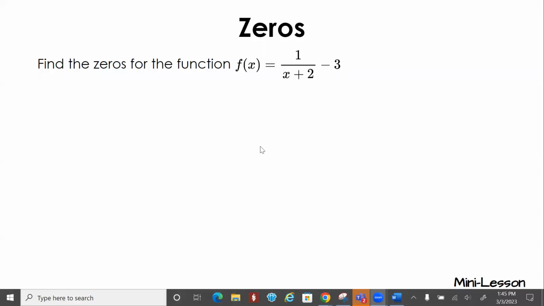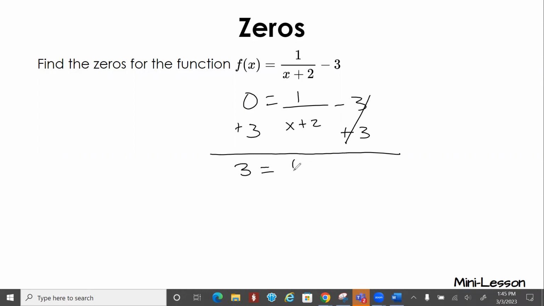I'm gonna find the zeros. I'm gonna take this and set this equal to 0. Now, when I solve for this, I'm gonna add 3 to both sides. And so this is gonna give me 3 equals 1 divided by x plus 2. In order for me to get x out of the denominator, I'm going to multiply x plus 2 on both sides.